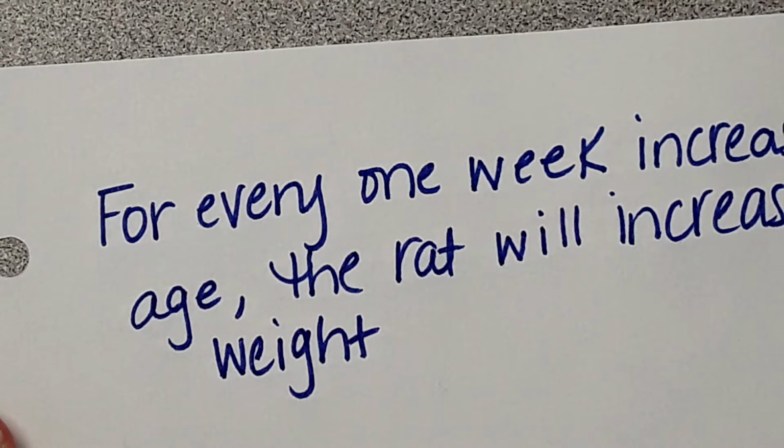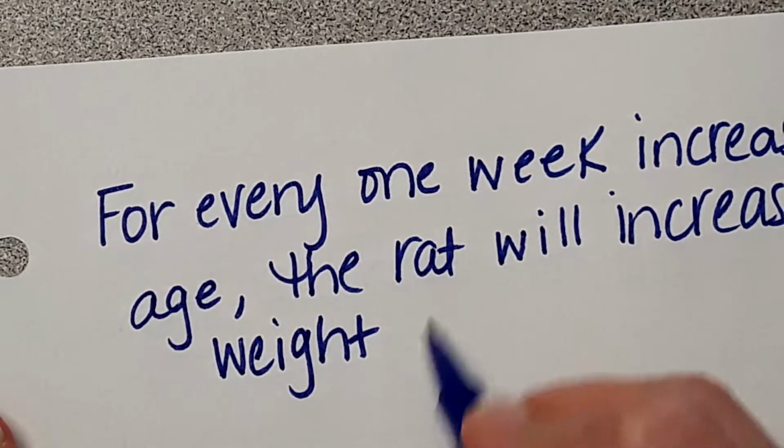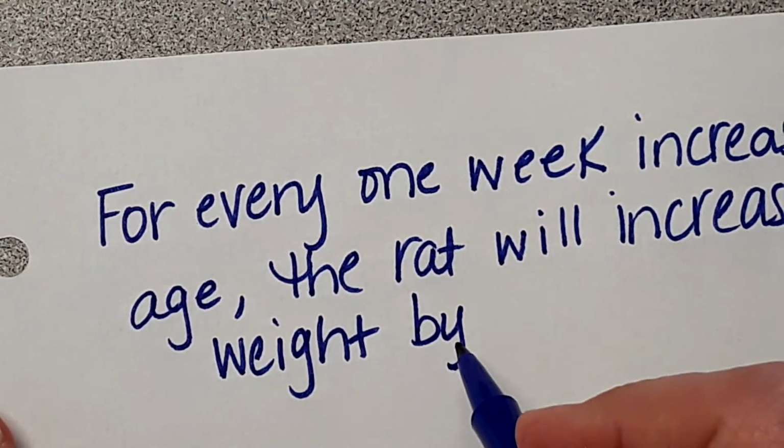Because with the way you wrote it now, you could do it 5 years later. For every 1 week increase in age, the rat will increase, that means from 5 years to 5 years and 1 week, it would still increase by 40. Yes, that's exactly what that slope means.